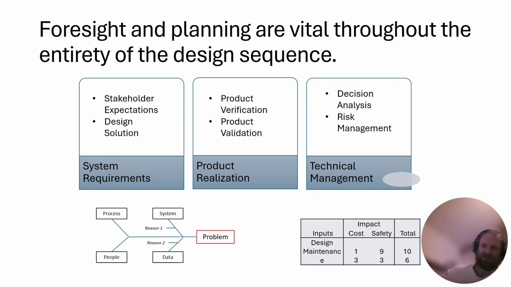The design sequence I've set forth for you, and the fact that you know the upcoming steps, allows for you to incorporate some of this planning and potential documentation as you work your way through your project. Such aspects to keep track of throughout are stakeholder expectations and the relation of the design solution within those aspects of the system.